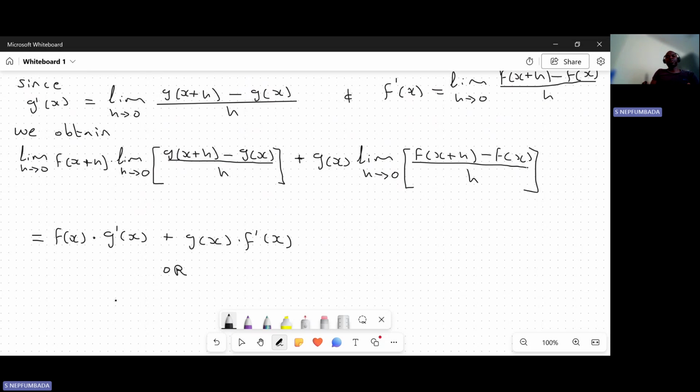Or we can write it as: you start with that one, multiply by this one, then the plus, you copy this one and multiply by this one. So it's the same thing.